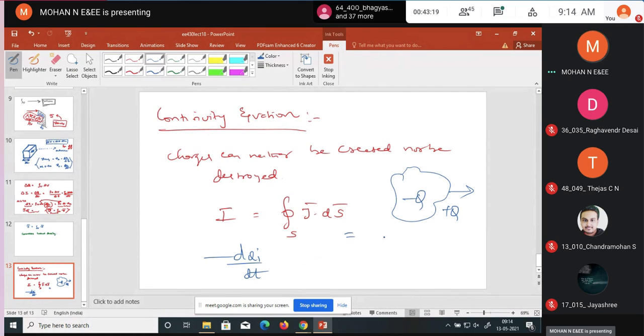Therefore, you can equate this to minus dQi by dt. This is nothing but the continuity equation of the current flow.